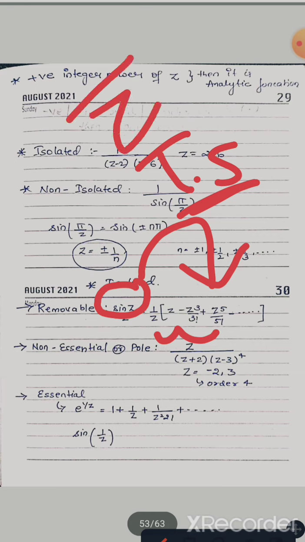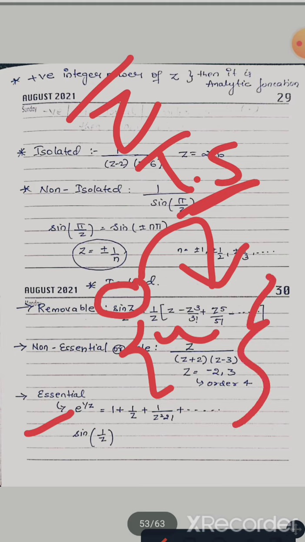Any function that we can represent in its expansion form like this is removable. The next is non-essential, or pole, where we can get the roots and their order. And for the essential one, exponentials are expanded, and these are similar things.